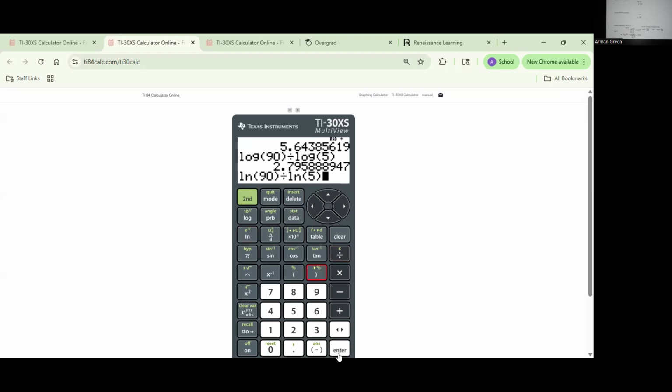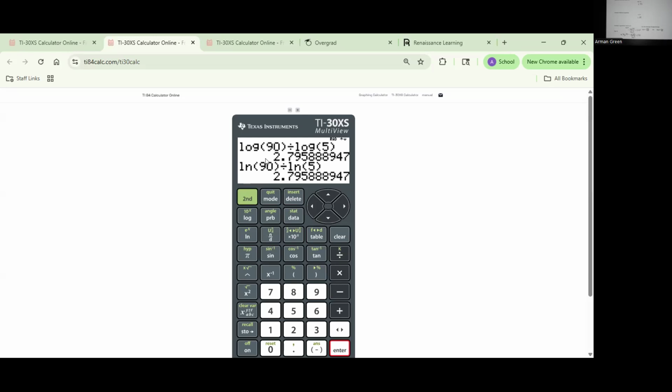If I were to type this in my calculator, what actually happens is that you get the same answer. So this is just telling us that no matter if I use logarithm or natural log for my calculator, as long as I'm using both of them for both numbers, I'm going to come across the same answer.